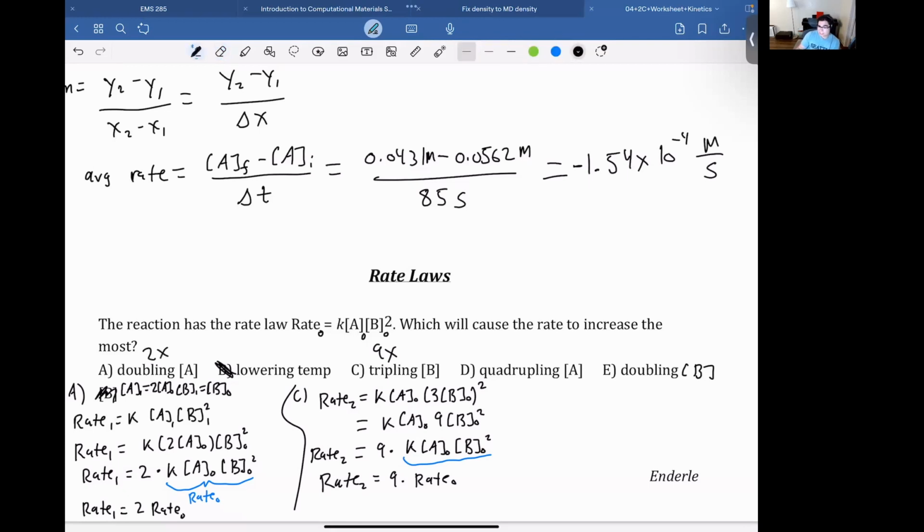Doing the same thing with D and E. This is going to be 4 times because you square the 2. So these are the same process. I'm not going to do them just to keep this video a little bit shorter. Right? You would plug in 4 with the A, 2 with the B, and you end up getting C as the final answer.